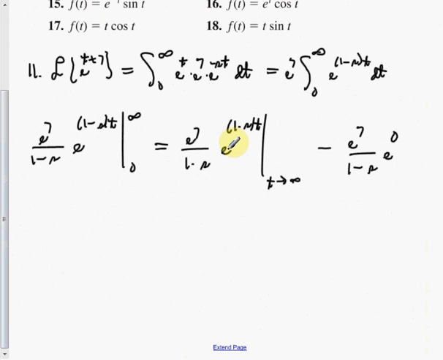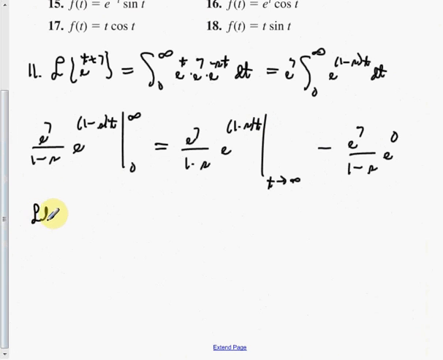Now, how can we get this e to the 1 minus s times t to go downstairs so that I can have e to the 7th, which is a fixed number, over infinity? You need to make 1 minus s less than 0, and that'll give you s greater than 1. If s is greater than 1, then we get 1 minus s negative, so that'll jump downstairs, and then you have a fixed number divided by infinity, and we'll get convergence. So good.